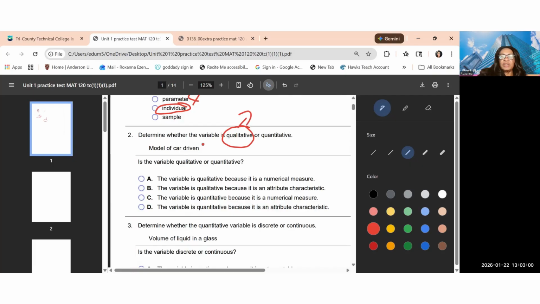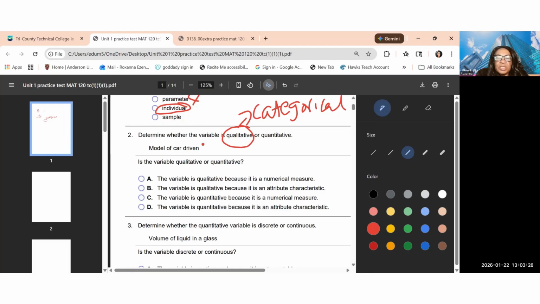So it's in categories. A qualitative variable is also categorical. And the actual definition is that arithmetic does not make sense. They're in categories. Arithmetic does not make sense.